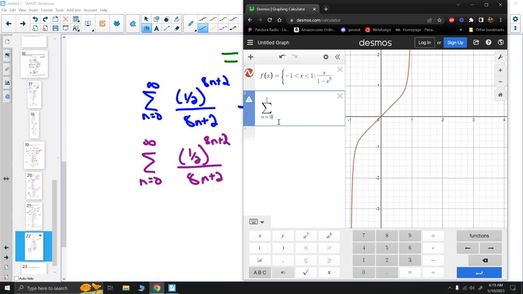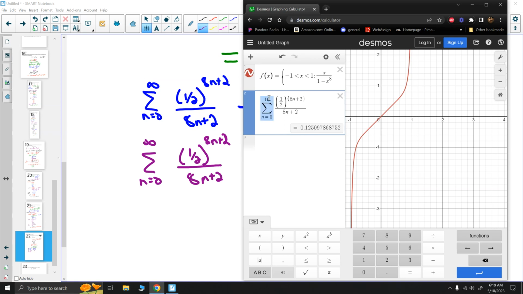So if we take a look at this, let's just see what we can see. If n equals 0 to, let's say, 10, let's do the 10th partial sum first. This would be 1 over 2 to the 8n plus 2 over 8n plus 2. All right, so 0.125097, and so on.